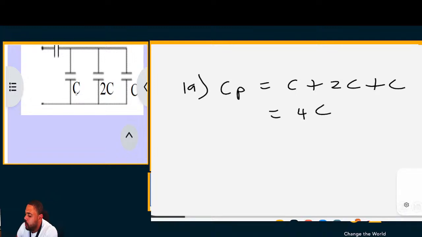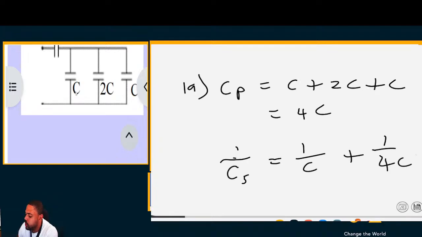So in parallel it is 4C. Now we need to add that in series with the other one. Capacitance in series is 1 over C equivalent equal to 1 over C plus 1 over 4C that we've just calculated.